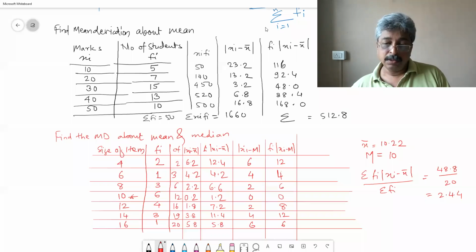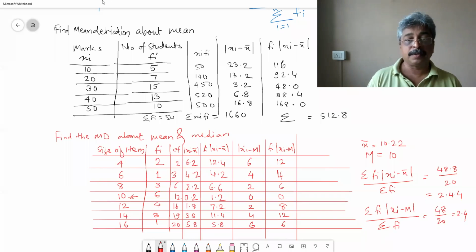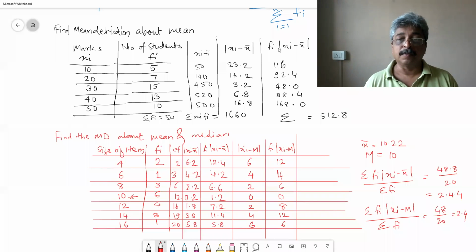So mean deviation about the median, sigma fi |xi minus M| upon sigma fi, is equal to 48 upon 20, which is equal to 2.4. Right? That is the answer.